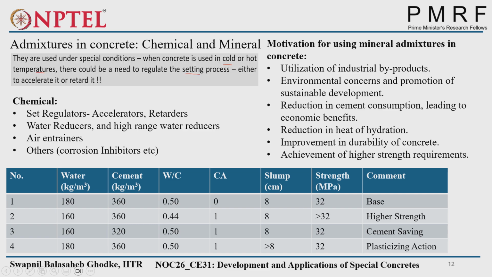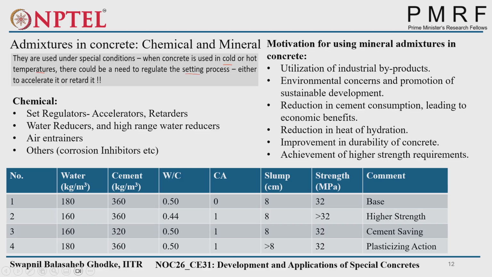What we do is reduce the water content to 160, with the same cement content. So we reduce the water to cement ratio. We saw that water cement ratio has a relation with strength, so reducing the water cement ratio increases the strength. We could reduce the water because of the chemical admixture we have used, maybe water reducers or high range water reducers as a superplasticizer.